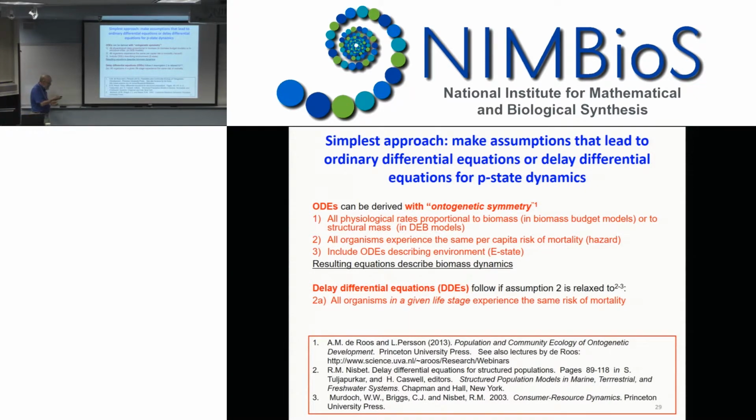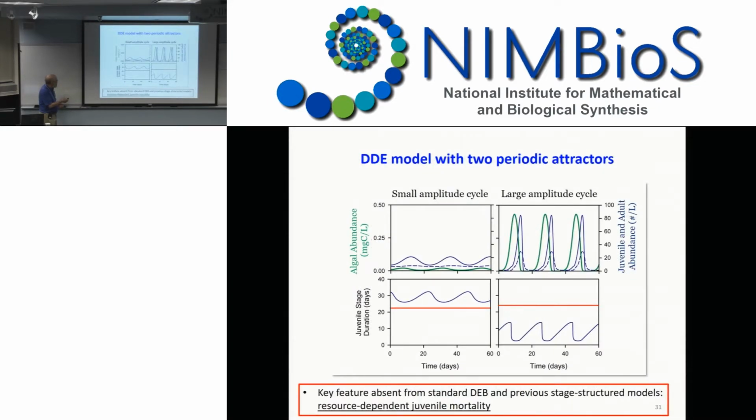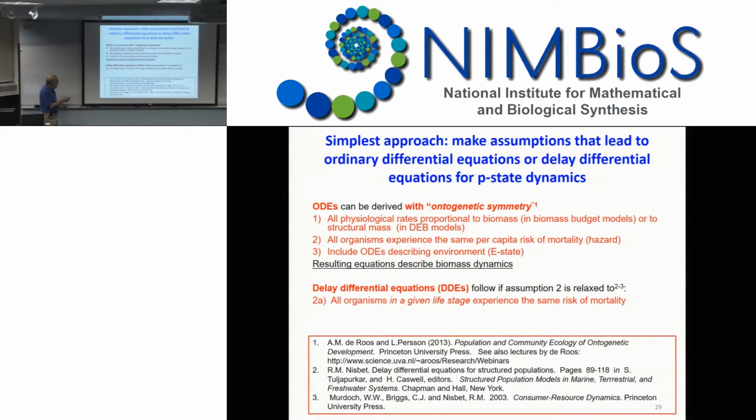And the most limiting assumption probably is that all organisms experience the same risk of mortality, and you can couple these with an ordinary differential equation describing the environment, and this is the individual-based characterization of these biomass-based models.